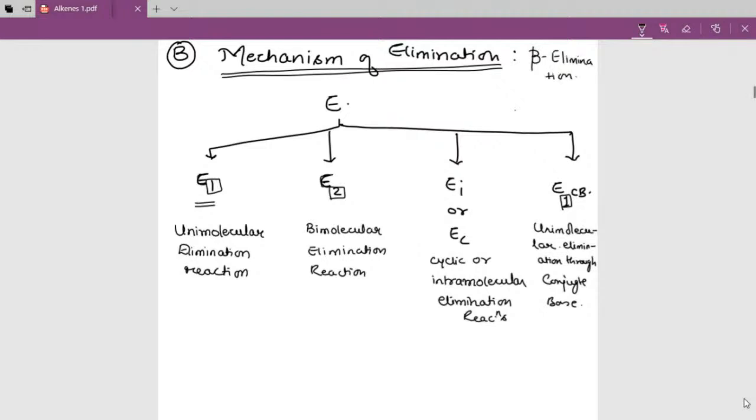Now we are concentrating, as per our requirement, on preparing alkenes. So we are going for beta elimination classification, which is E1, E2, Ei, and E1cB. Now, what it is and why it is classified like this, let us do that.